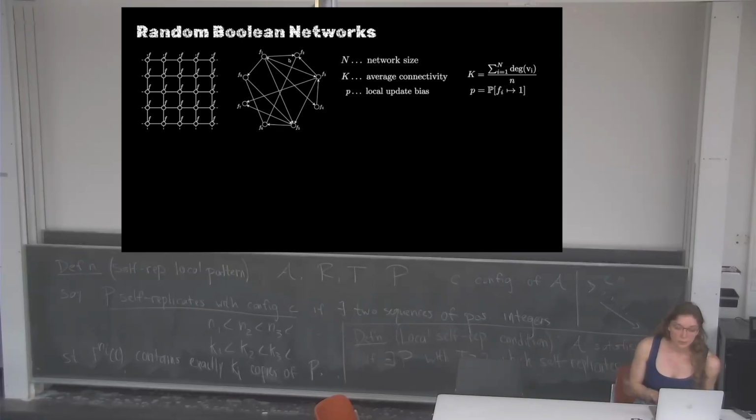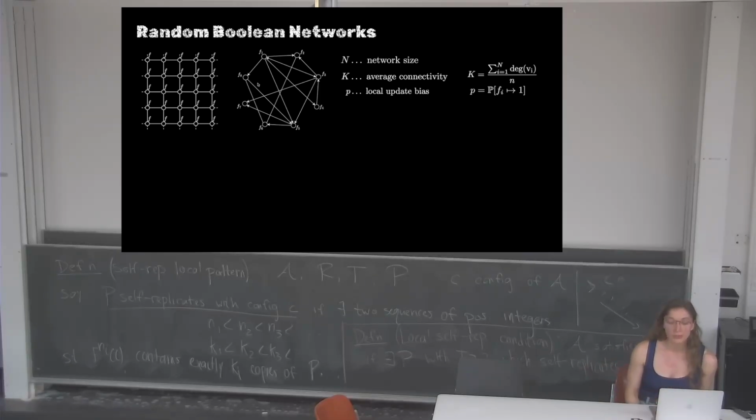The architecture of a random Boolean network is different and more randomized, and depends on a few parameters. First of all, we have n, the network size. So it is at every point just a finite graph. Here we have 8 nodes. And for each node, we randomly sample some incoming edges.